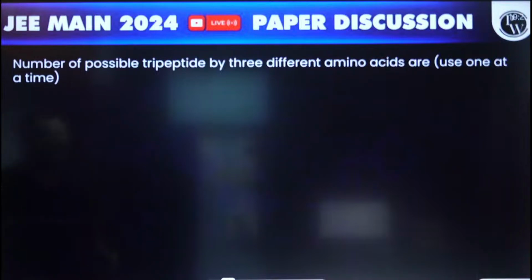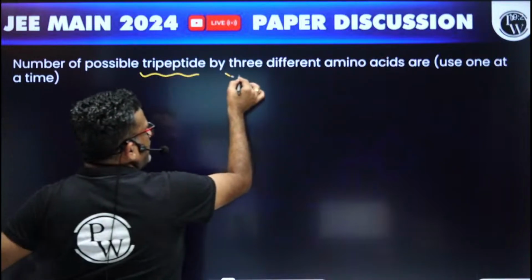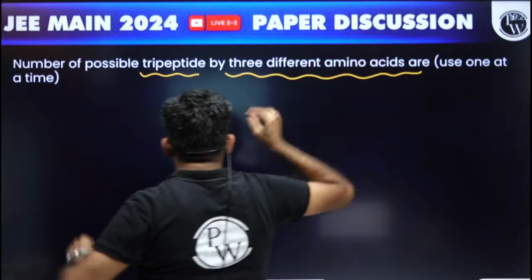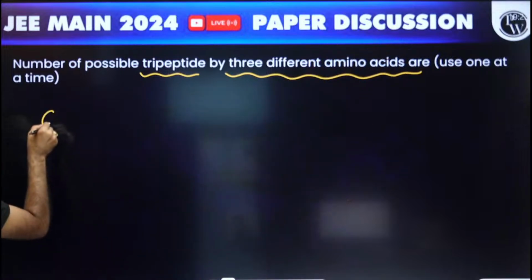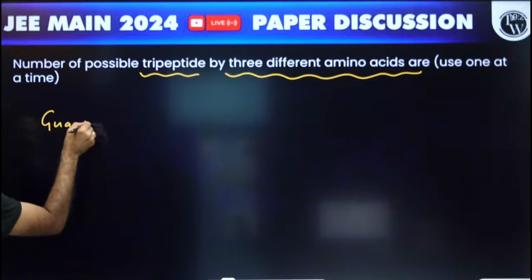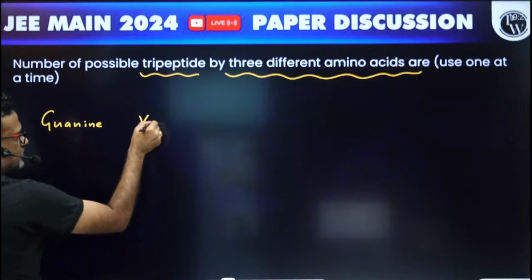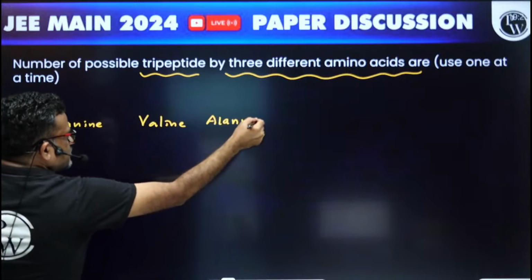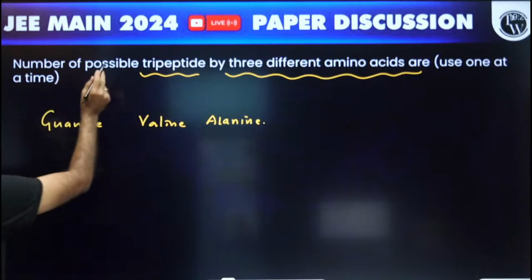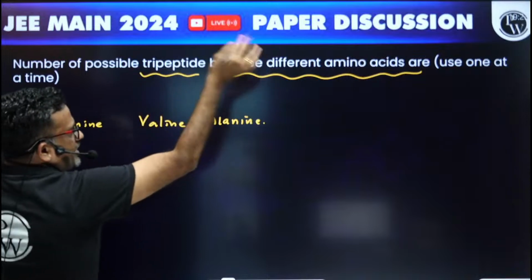Number of possible tripeptides by 3 different amino acids. If you consider the amino acids glycine, valine and alanine, what is the question? The number of possible tripeptides by 3 different amino acids.